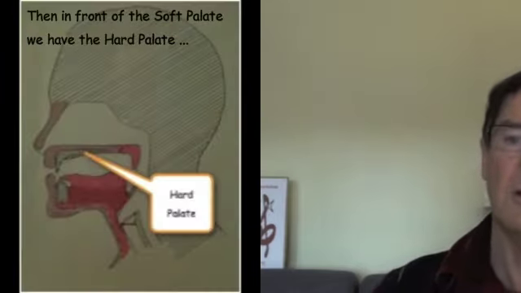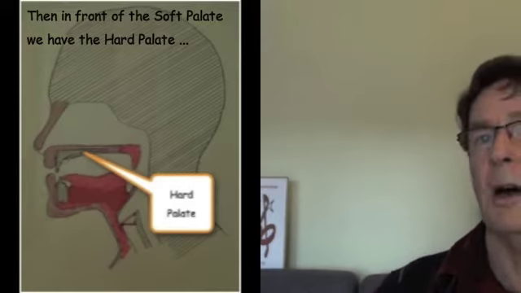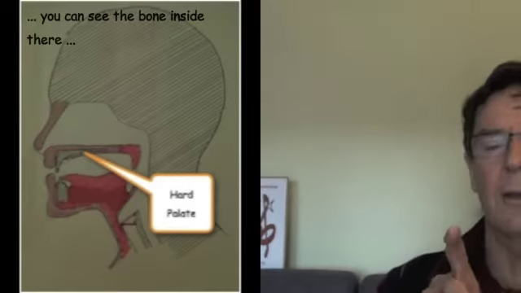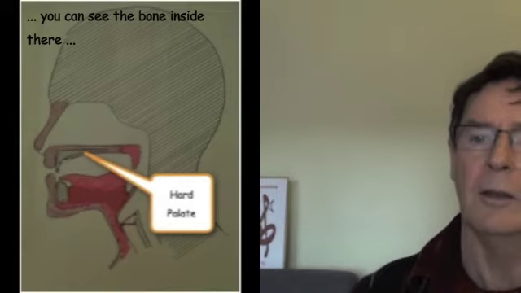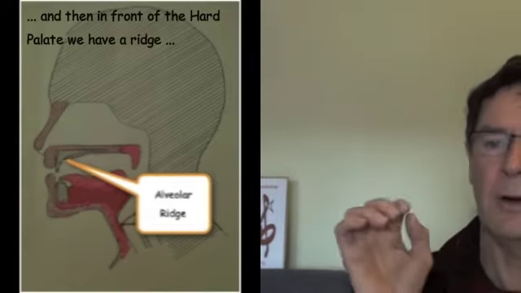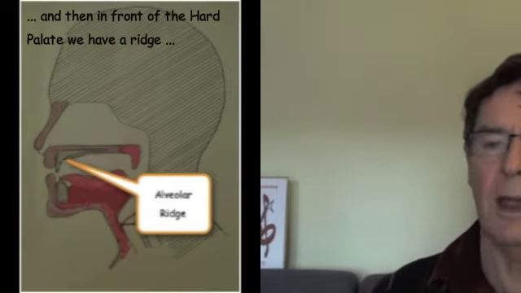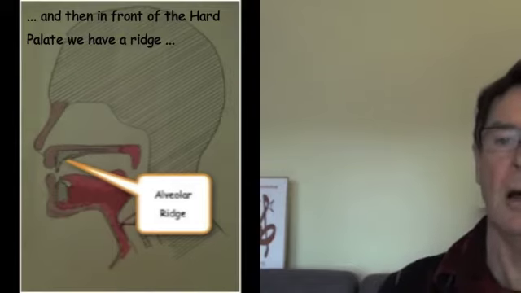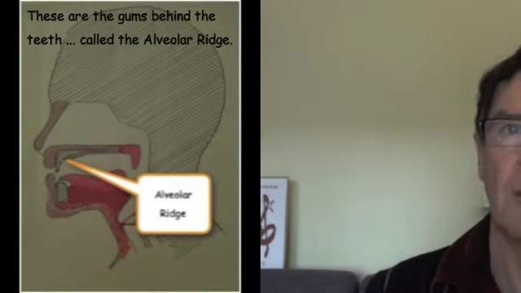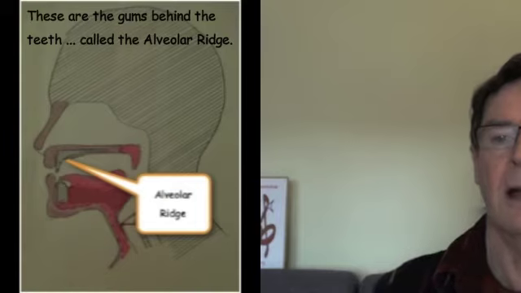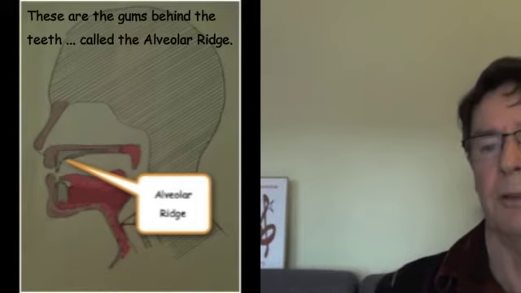Then in front of the soft palate we have the hard palate. You can see the bone inside there. And then in front of the hard palate we have a ridge. These are the gums behind the teeth, called the alveolar ridge.